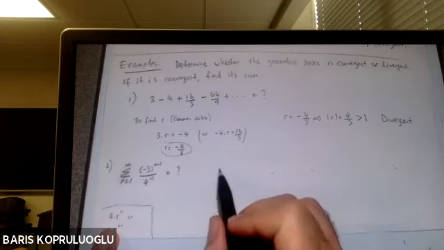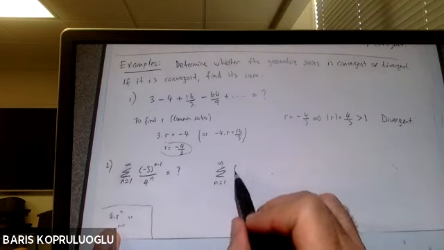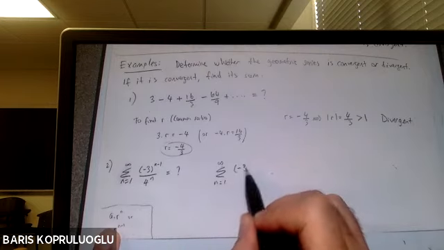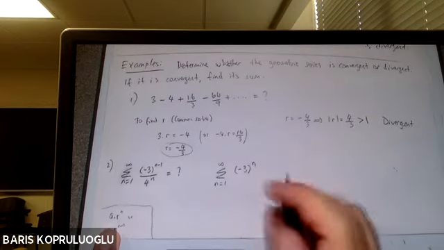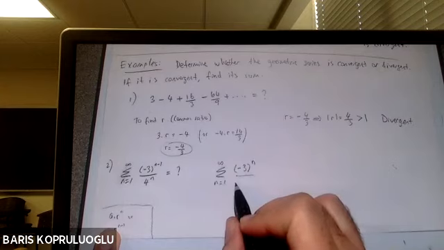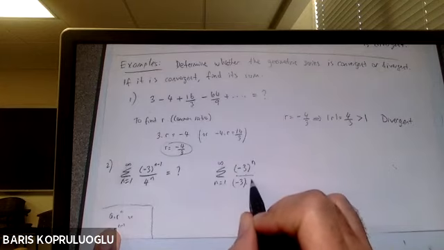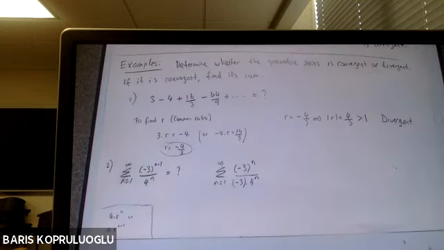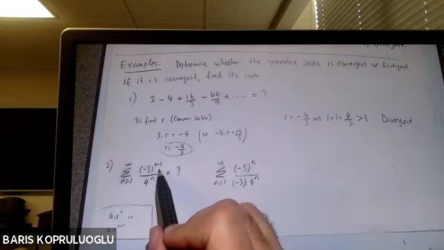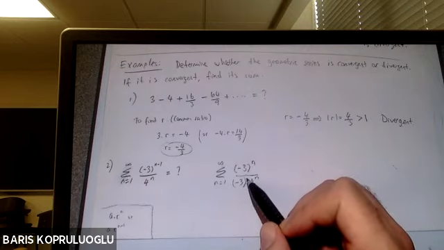What we can do is negative 3 to the power of n minus 1 can be rewritten as negative 3 to the power of n over negative 3 times 4 to the power of n, because the power of n minus 1 means power of n over power of 1, which is going to be on the bottom.